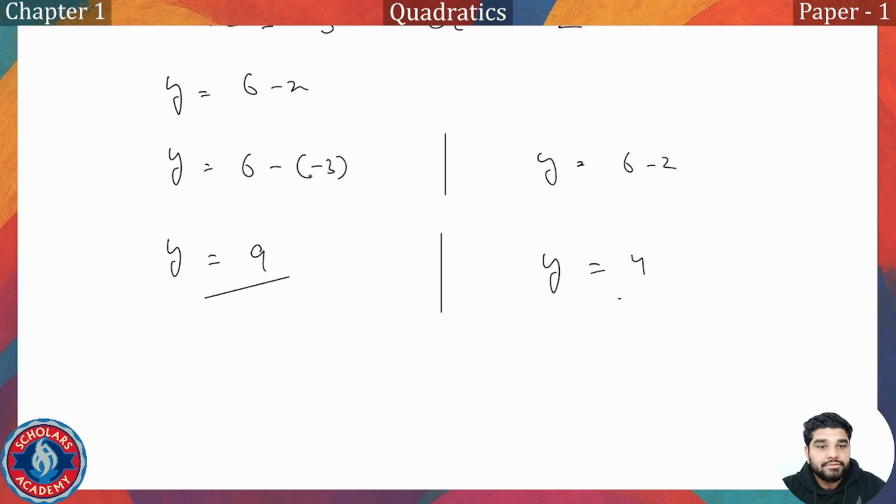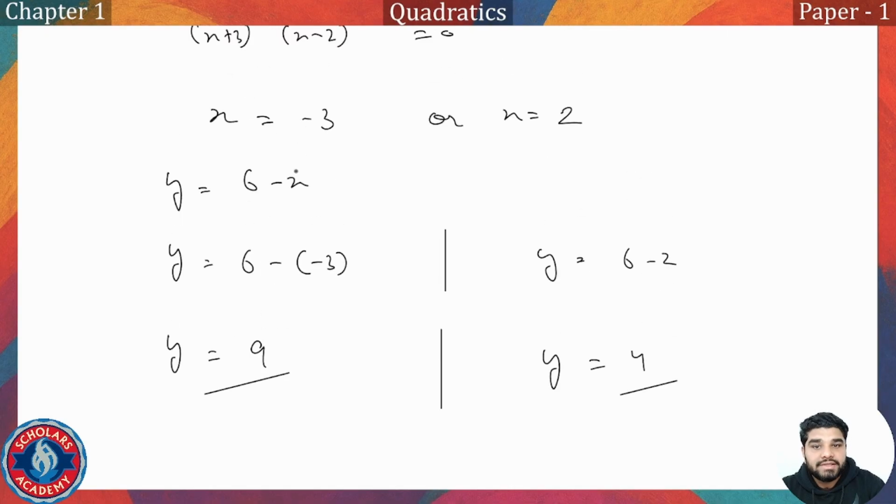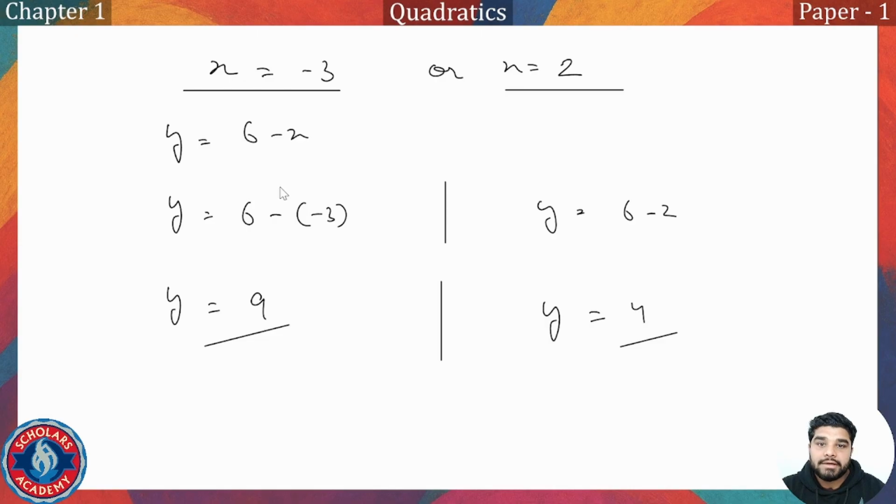So these are the two values of y for these particular x's. So the coordinates that we are talking about, which are the solution for these two equations, will be when x is -3 and y is 9, and when x is equal to 2 and y is 4.